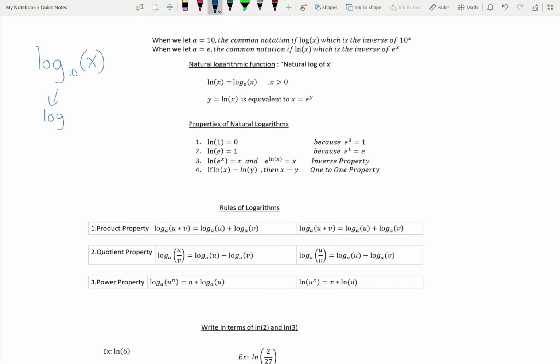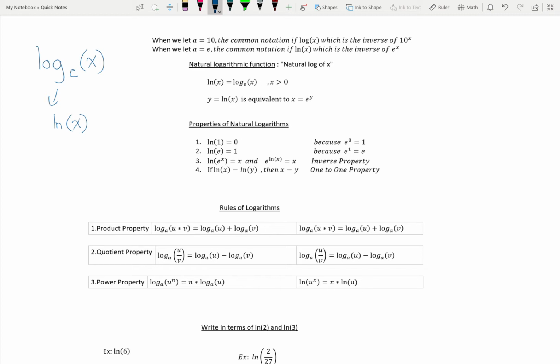However, if the base is e, we refer to log base e of x as ln of x. I don't really know why they do it, honestly, but that's how it is. So don't get confused when you see ln or just plain log. Just treat it the same way, as if it's log base 10 or log base e of x, okay?